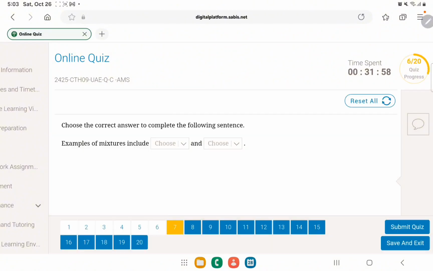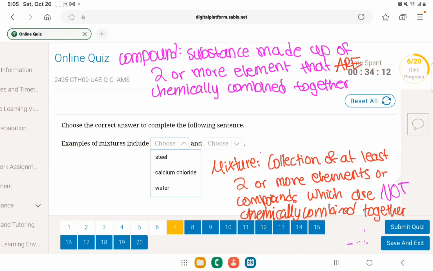Examples of mixtures include. What does a mixture mean? It's like a compound, but the only difference is that the components aren't chemically combined together. Remember when we talked about a compound, we wrote the definition. A compound is a substance made up of two or more elements that are chemically combined together. You can't separate it without some kind of method.